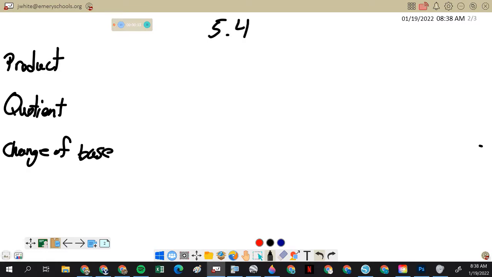So let's start with the product rule. If I had x to the third and I multiplied it by x to the fifth, if the bases match, what am I allowed to do with the exponents? Add them. Everybody understand that? Okay. What if this was a y? What can I do with the exponents? Nothing. The bases have to match.